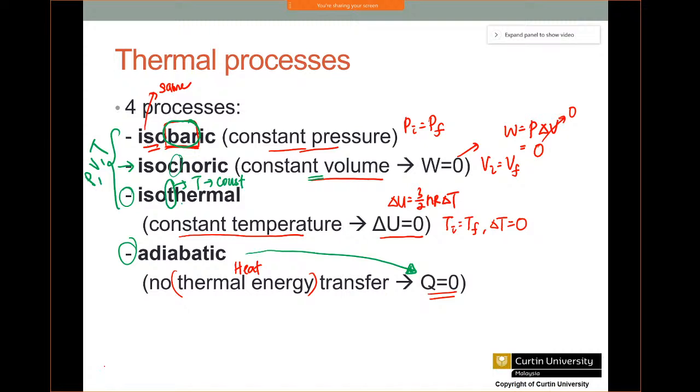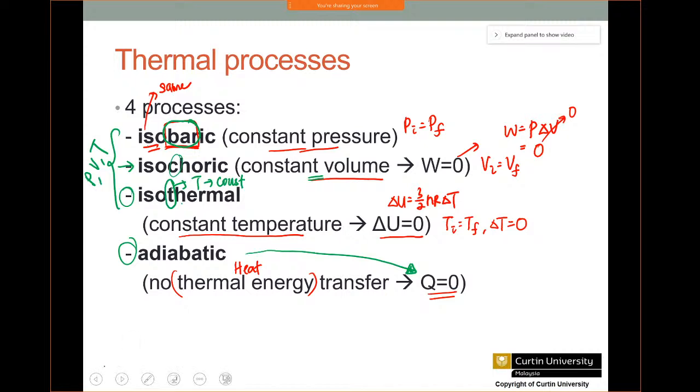I give you 30 seconds. No sound, because I give you time to memorize these four thermodynamic processes.